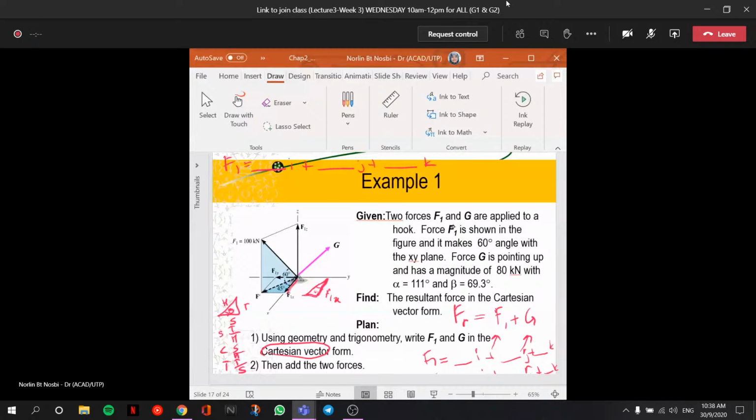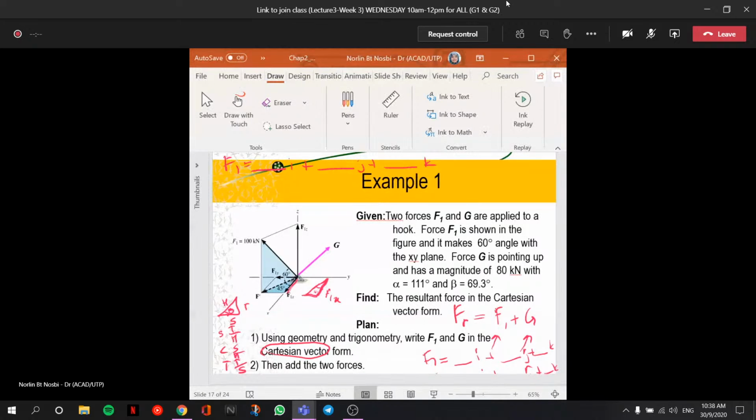So you do not know F1x and F1 prime. So you need to find F1 prime first. How you need to find it is to refer to the original one. F1 is 100 kilonewton. This one is the hypotenuse, and with the angle 60, you can find F1 prime.